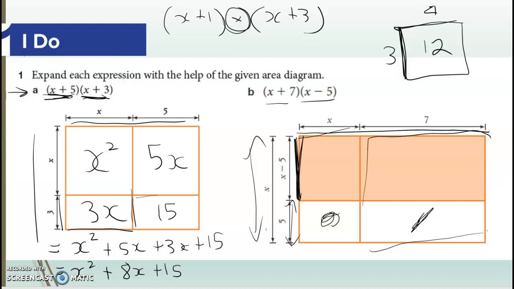So let's do that. The large box will be equal to x times x, x squared, and then taking away this smaller area here, I would get minus 5x.